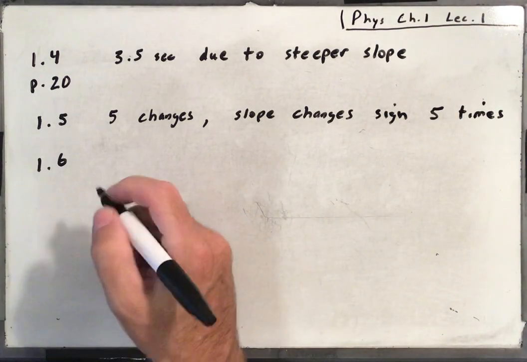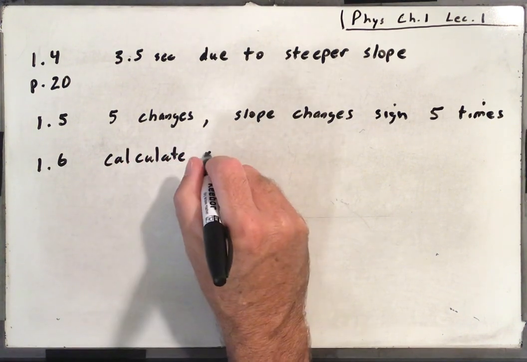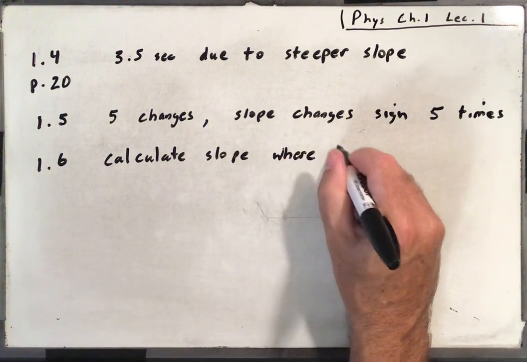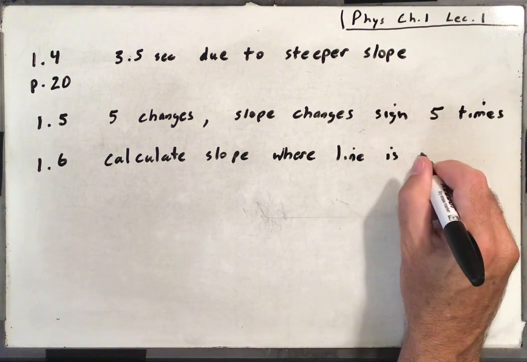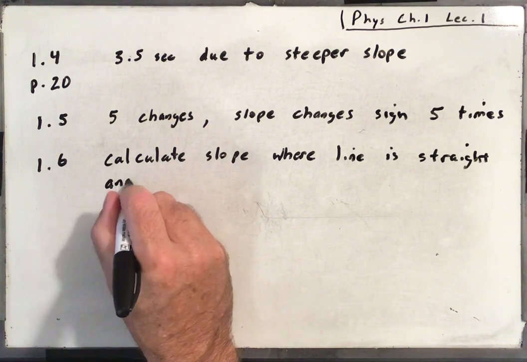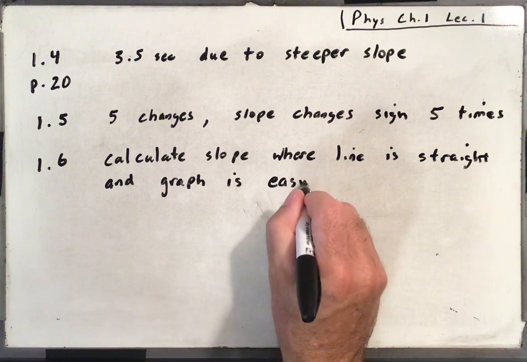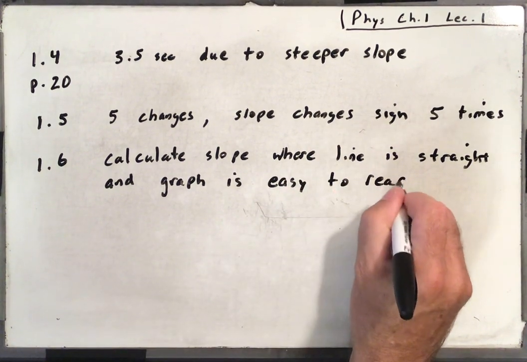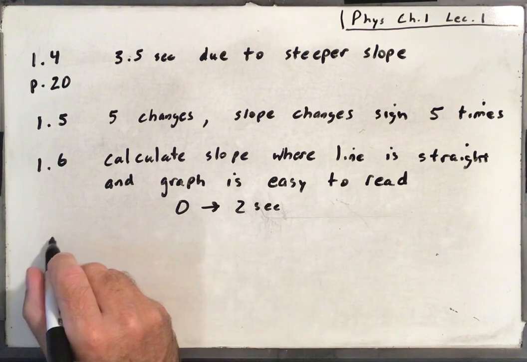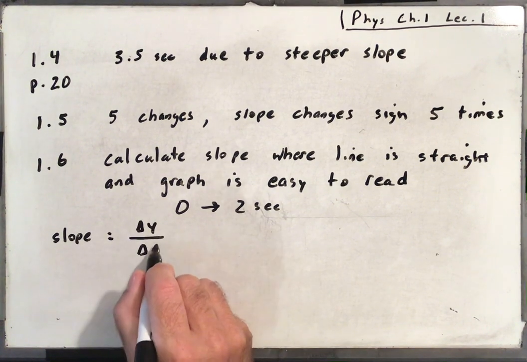So let's calculate the slope. Where the line is straight, not a bunch of bumps in it, and the graph is easy to read. So that occurs between 0 and 2 seconds. So the slope is change in y over change in x.